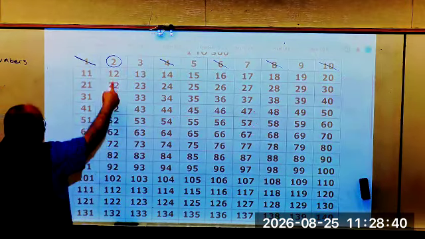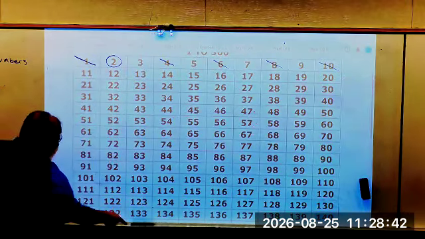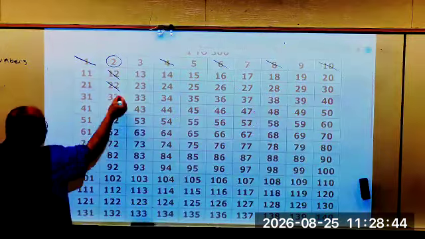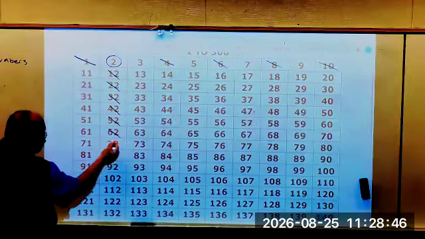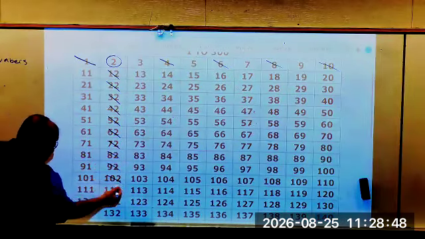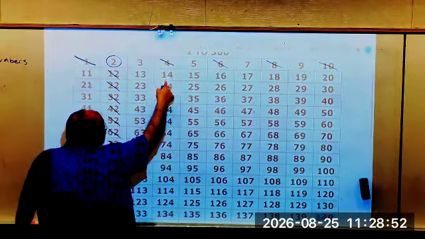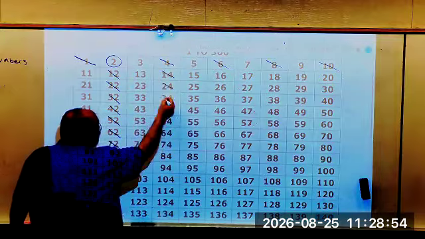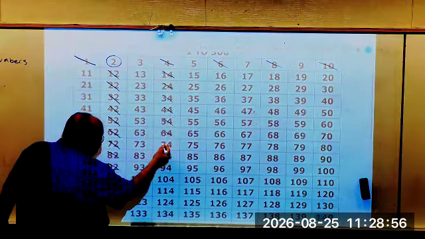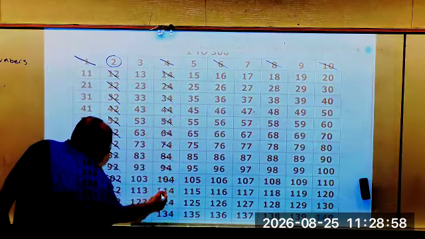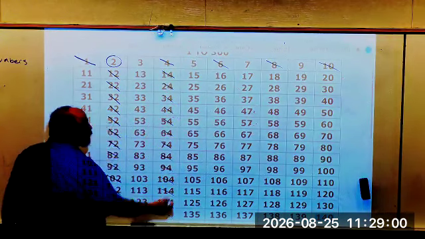So anything in this column is going to be a multiple of two, and it ends in an even number. Multiples of four are basically in the same category. These would all be even, because you'd be counting every two numbers.